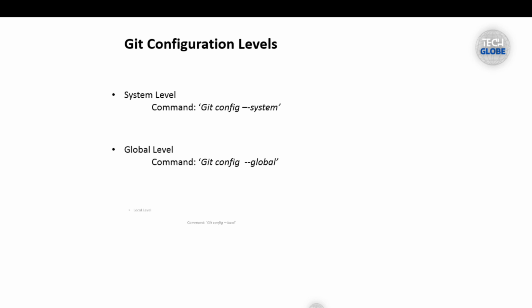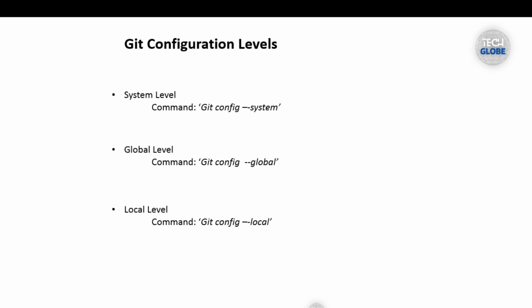Then lastly, you have the local level. For the local level, you use the command git config --local, and this configuration is available for the current repository only. Only the current repository.